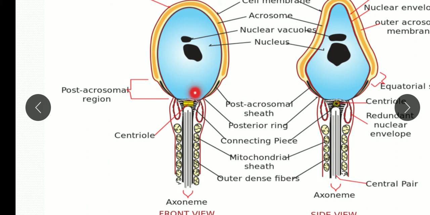Its role is in zygotic cleavage. Then the posterior one is the distal centriole. This distal centriole forms the axial filaments. Okay, you can see here this axial filament forming the axoneme.